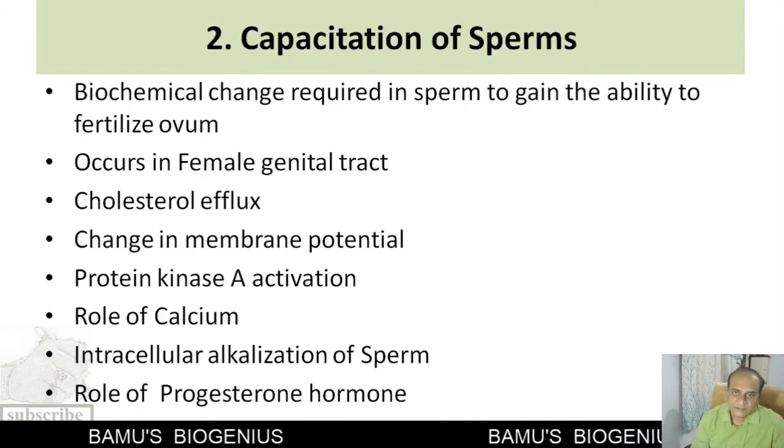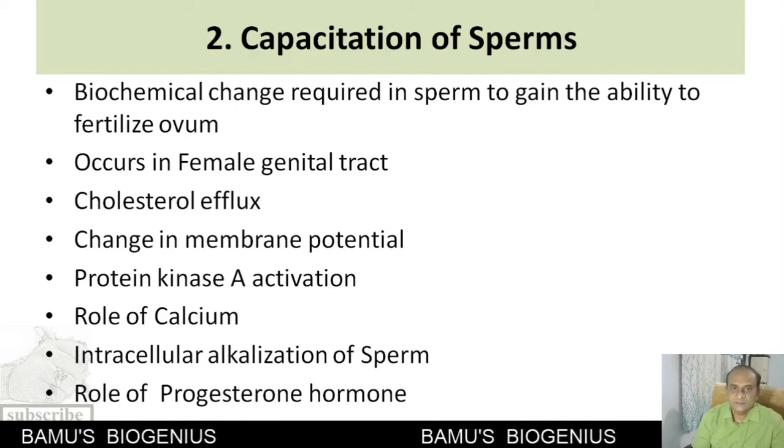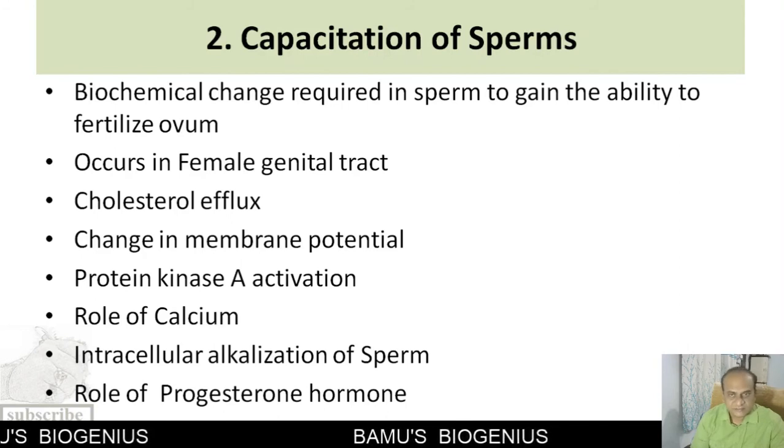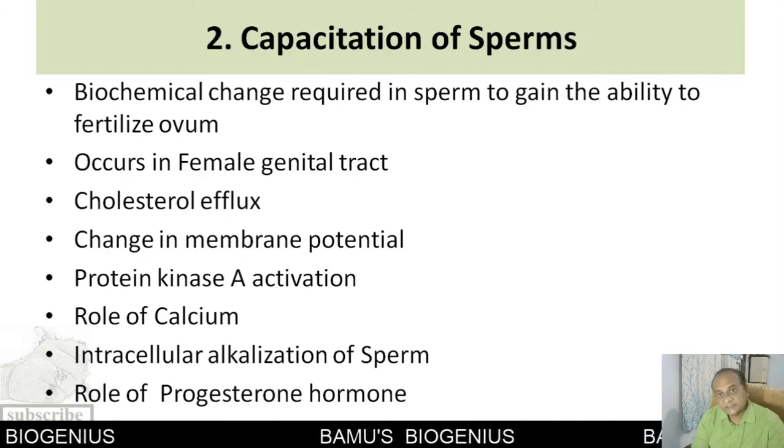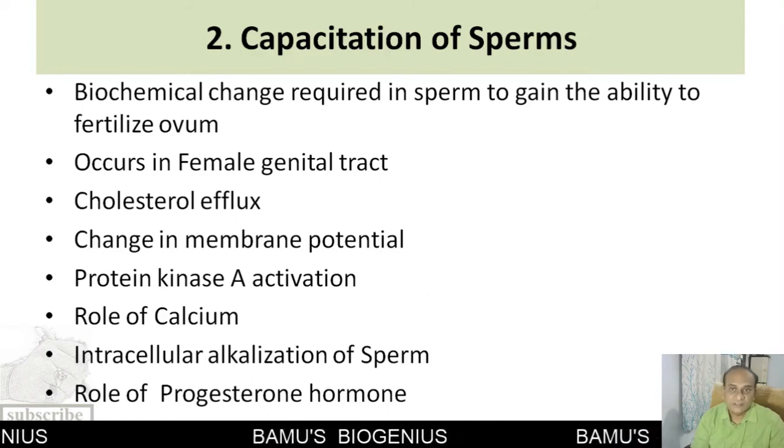Now, because of that, we can see here the pH of the sperm increases. See, the calcium ions are entering, bicarbonate ions are entering inside the sperm. So naturally, what will happen? The pH will increase.